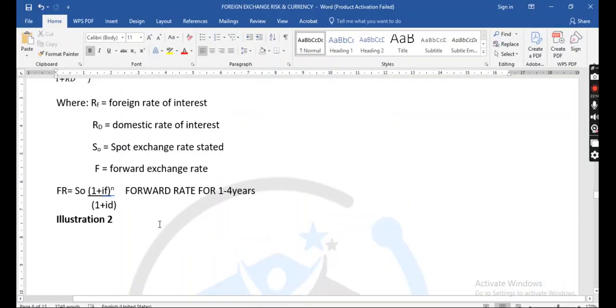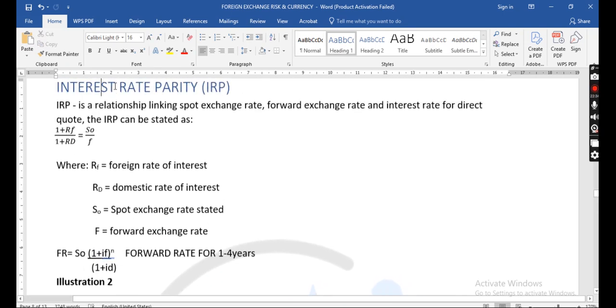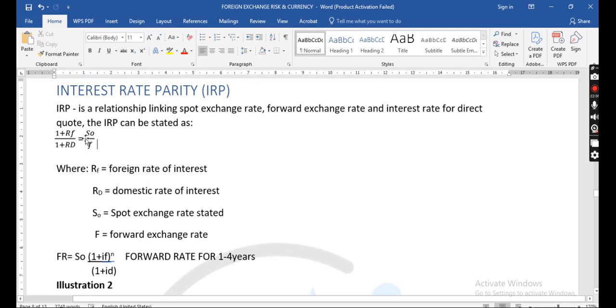Okay. So let's say this is interest rate, which is interest rate parity. Don't forget, when you want to determine the forward rate for maybe 4 years, 6 years, change the formula. But when you want to use it for maybe 6 months, you can use this.